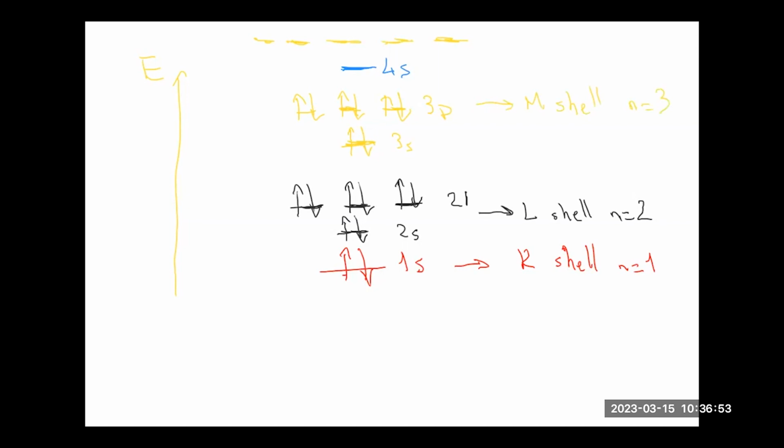But the electron will occupy 4s first, since its energy is less than 3d. Then it will occupy the 3d.